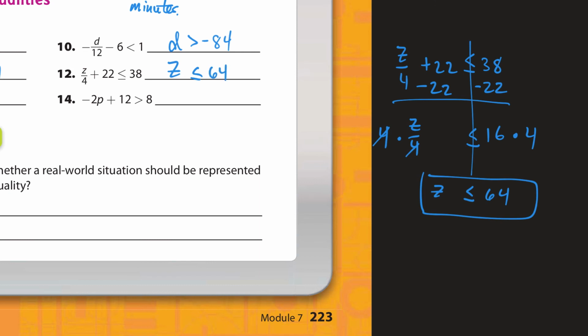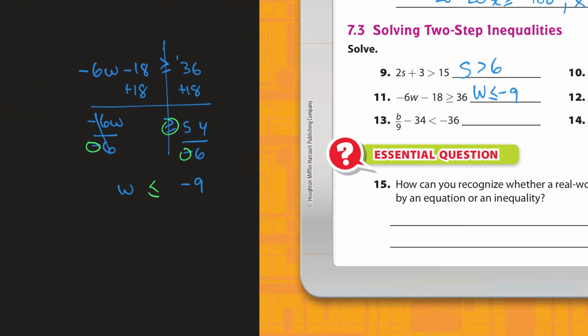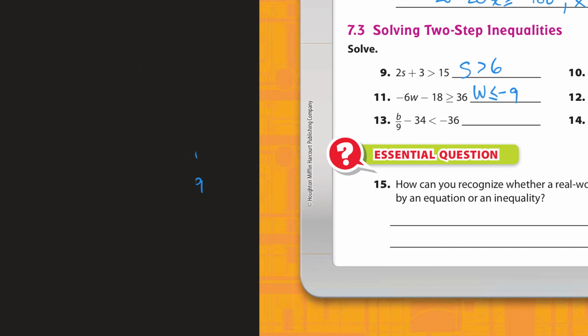And here we have b over 9 minus 34 is less than negative 36. Here the inverse of subtraction is addition, so I add 34 to both sides.